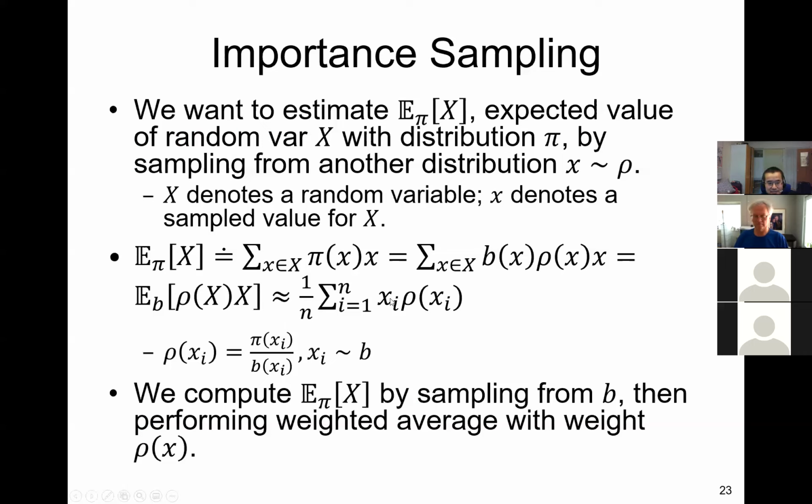Here we're discussing general random variables, not really reinforcement learning. So we compute the expectation of random variable x with distribution pi by sampling from another distribution b, and then performing a weighted average with weight rho times x, where rho is pi over b for each xi.